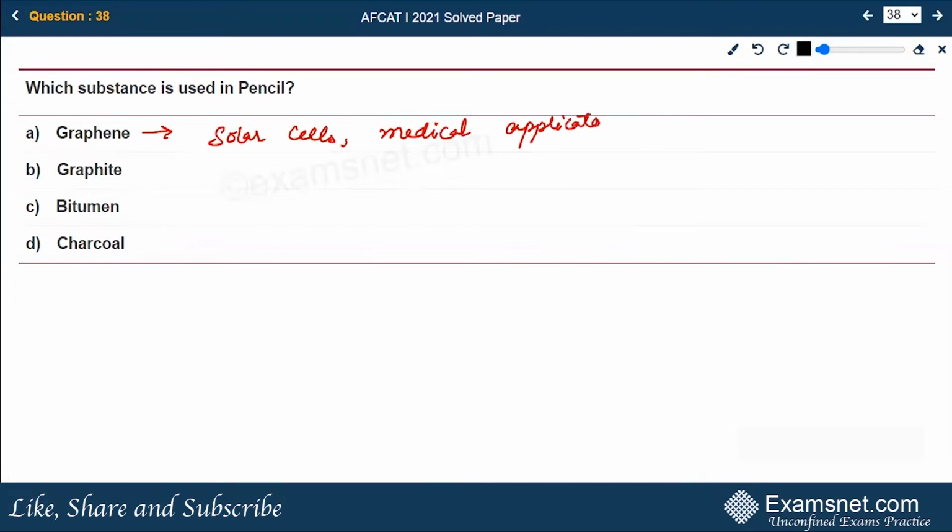Graphite is a form of carbon. Actually, all of these are forms of carbon. So graphite is used in making pencils. Bitumen is used in road paving and roofing material.